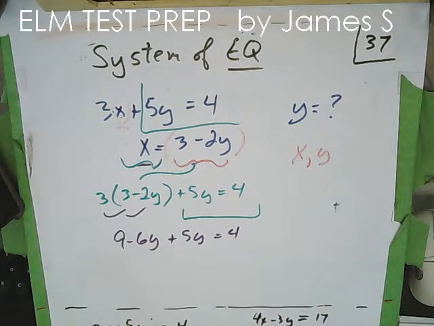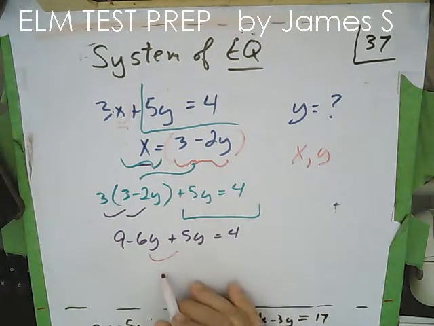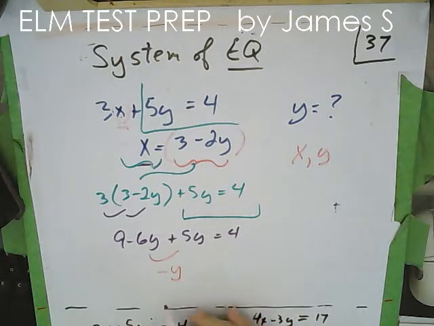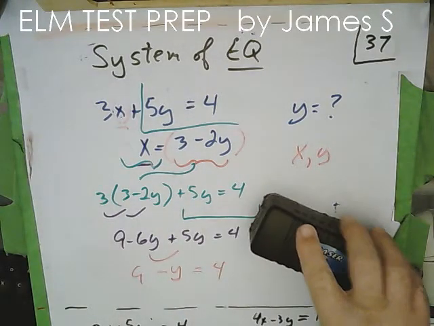All right. Well, I have two y terms here that I'm going to combine. Minus 6y plus 5y leaves me a minus 1y. And I have a 9 here left over equals 4. All right. Well, I just have one more thing that I want to do.